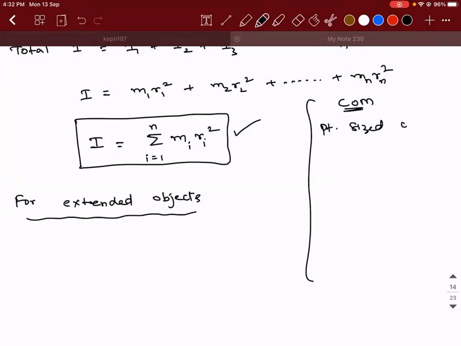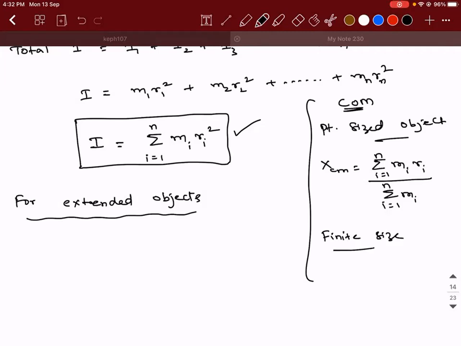For point-sized objects, the x-coordinate of center of mass is sigma mi ri, the whole divided by sigma mi, where i is equal to 1 to n. And for finite size, what did I say is the answer?